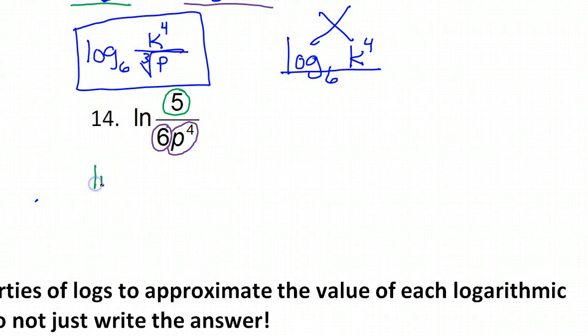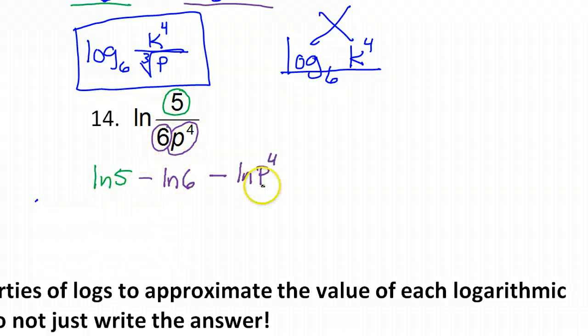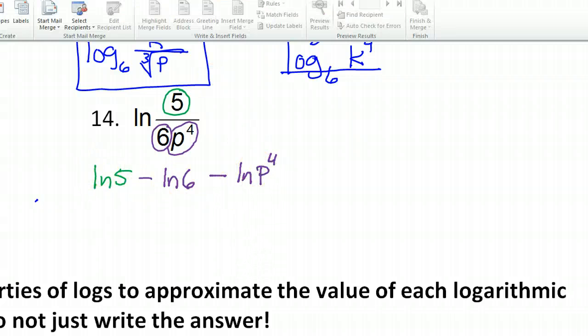So on the next step, we're going to have natural log 5. Alright, that's positive, numerator. But then we will have minus natural log 6. Okay, that's a purple guy. And then minus natural log p to the 4th power. Alright, green, purple, purple. Positive, negative, negative. Numerator, denominator, denominator. You get it. That's the quickest way to do this.